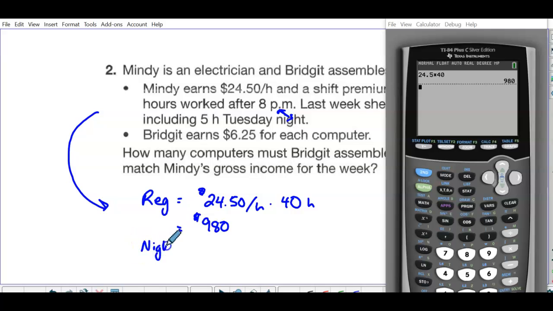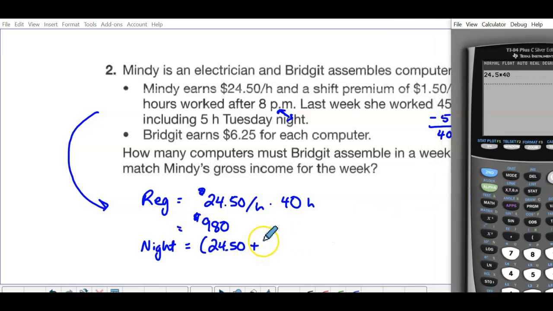Then her nighttime hours. Her rate is $24.50, but she gets a shift premium of $1.50. So you add the $1.50, it's not multiplied. Shift premium, remember, means you add this on. That's why I have that in brackets, and then we're going to multiply by the 5.